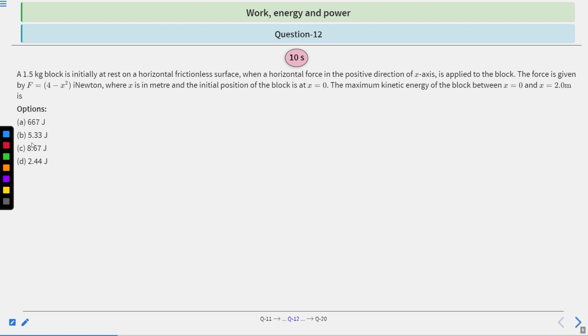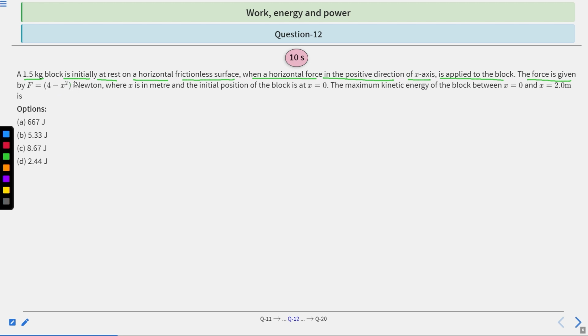Question 12. A 1.5 kg block is initially at rest on a horizontal frictionless surface. When a horizontal force in the positive direction of the x-axis is applied to the block, the force is given by F equal to (4 minus x square) i cap.